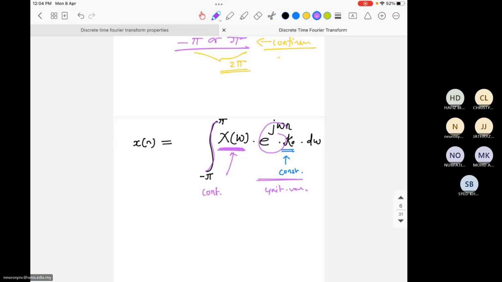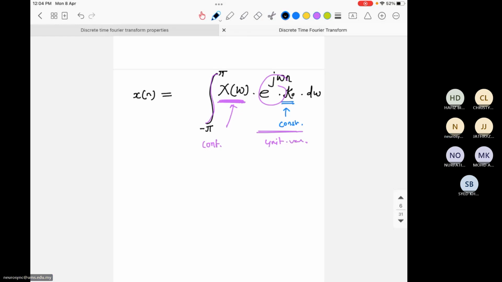Now, let us consider the integration from minus pi to pi of X of omega e to the power j omega n into d omega. We have considered this kappa as 1, a constant, for the time being.